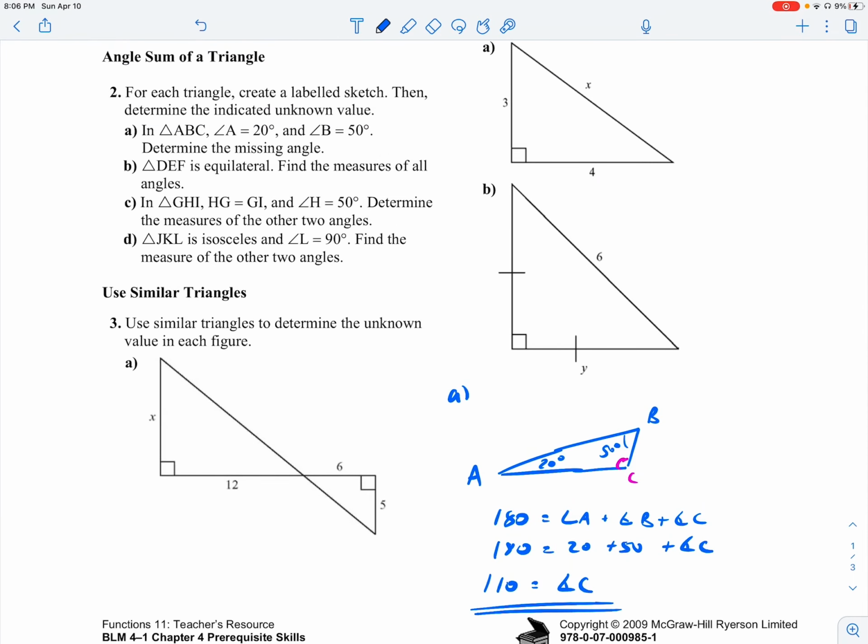Part B, DEF is equilateral. Find the measure of all angles. So we have an equilateral triangle. That means all the side lengths are equal, which means all the angles must be equal. It's called DEF. We always use capital letters to label the vertices or the angles.